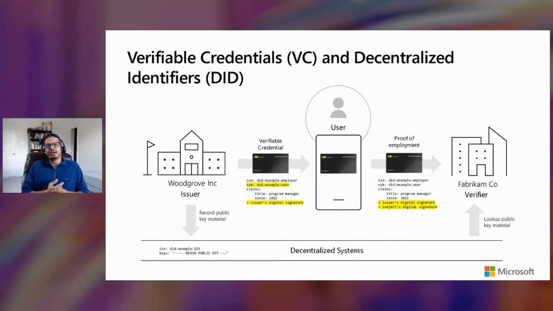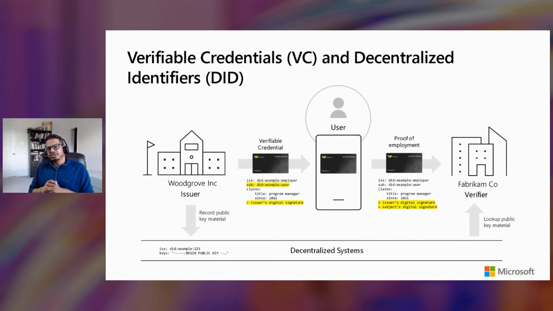Let's say another partner company, like Fabricam, wants to verify that you are indeed an employee of Woodgroove. It at that point can request these verifiable credentials to be presented to it, and the user will present those credentials over. But while doing that, it would even encrypt it again with the private key of the issuer's DID, right? So now the credentials that are presented to Fabricam are encrypted with two private keys.